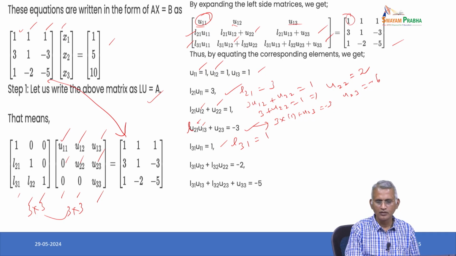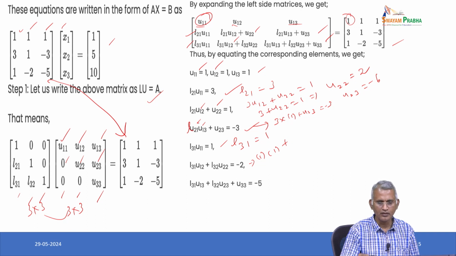So like that you have to go to the next part. L31 value you know is 1, and U12 is also 1, then L32.